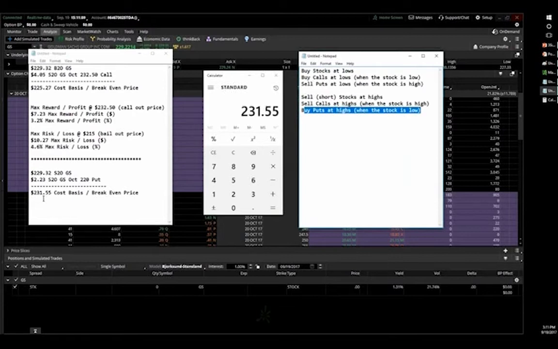So in this case, our cost basis goes up instead of down because we're both selling the stock and then selling the put. 231.55 is now our cost basis, our break-even price. Where is our max reward? Our call-out price. Where would this trade unravel for us? 220.